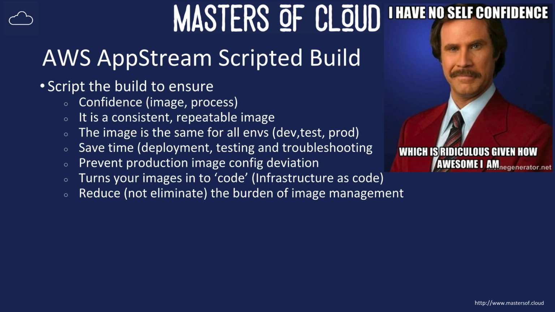So at least in those instances, because you have scripted the build, you have reduced the time it takes to manage and build those images, but unfortunately you won't have eliminated all of the burden of image management. And then also that comes to the reduction of human error. You're not going to be able to eliminate human error in these sort of things, but we'll certainly be able to reduce it because you're using a script that is, again, a repeatable process and it's consistent.